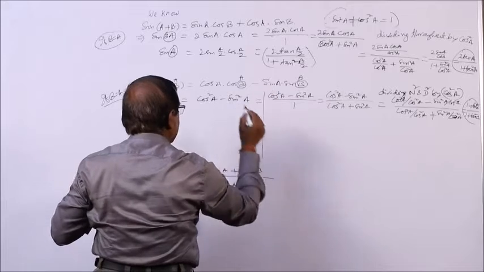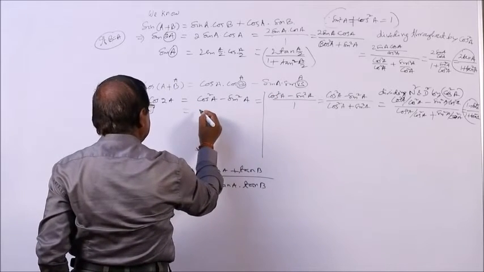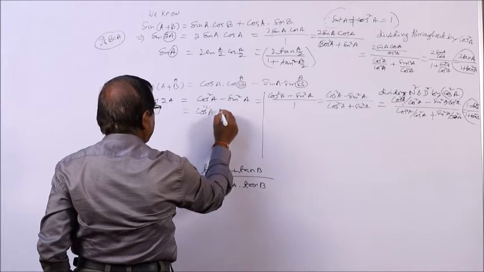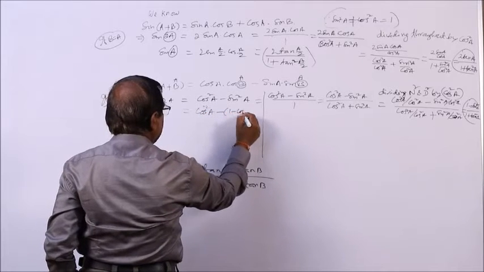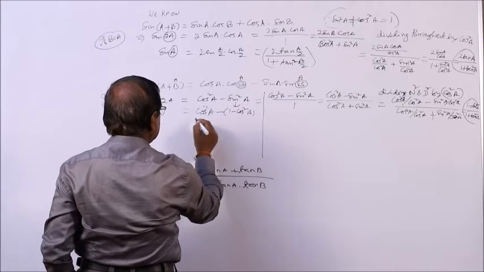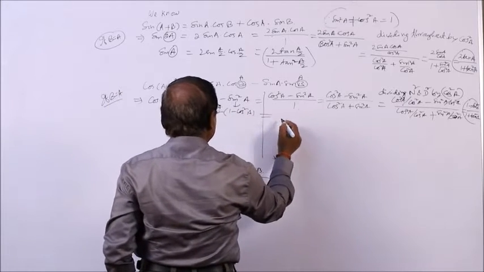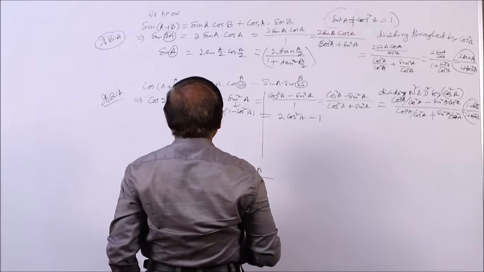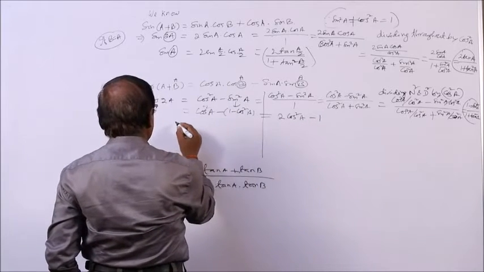You see, this is also the same thing as you can split this: minus 1 minus cos square A, because sin square is 1 minus cos square A, which is equal to 2 cos square A minus 1 also.